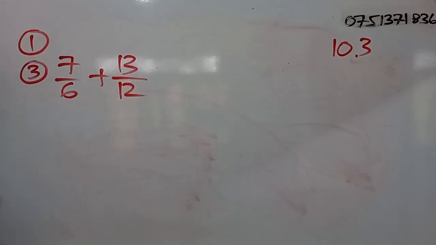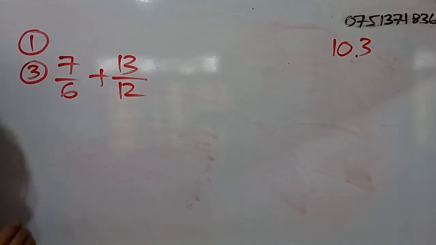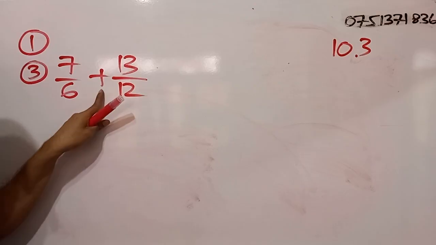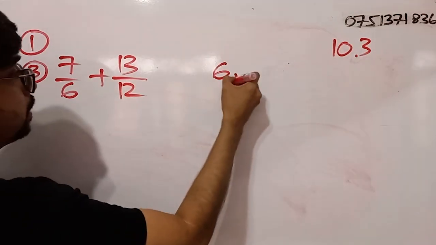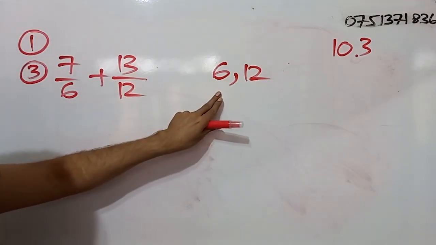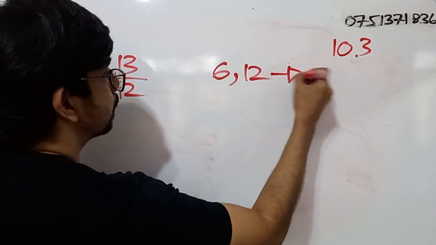Right. So this is the third part. Here we have 2 fractions where the denominators are different, and we need to add them. What are the denominators? 6 and 12. So the easiest way is to come up with the LCM, or least common multiple, of these 2 numbers. It will be 12 in this case.